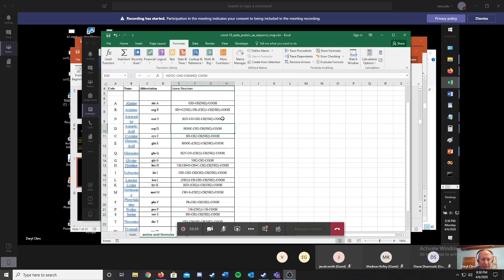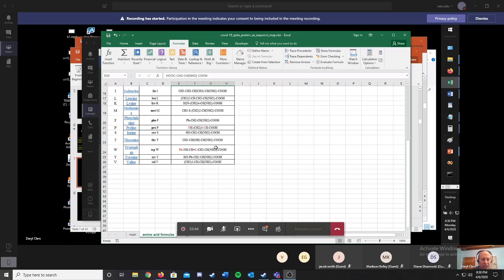You'll see they all have things in common. They have an amino group, and they have an organic acid group, which is COOH, hence their name, amino acid residues. They become a residue when they're put into a protein and attached to one another.